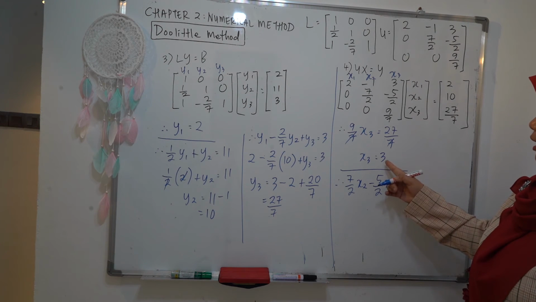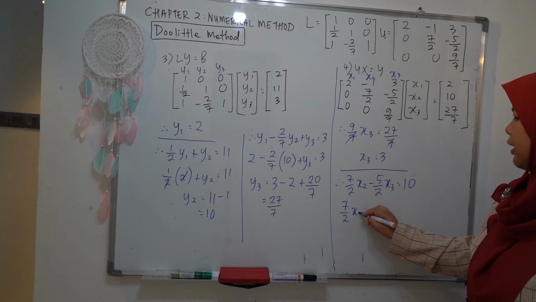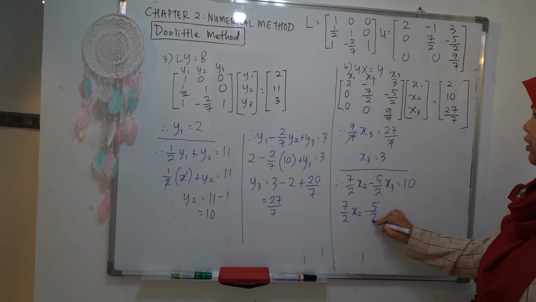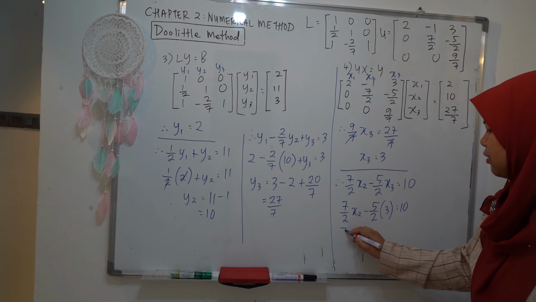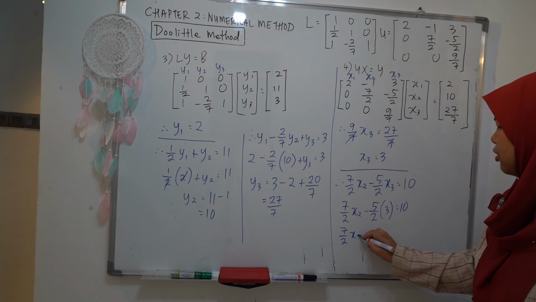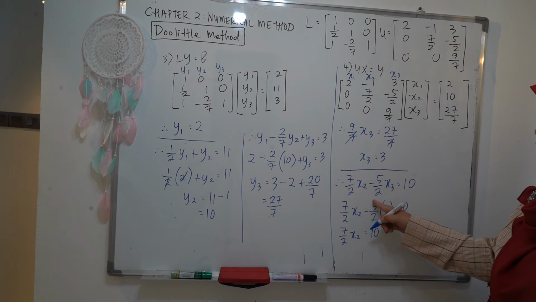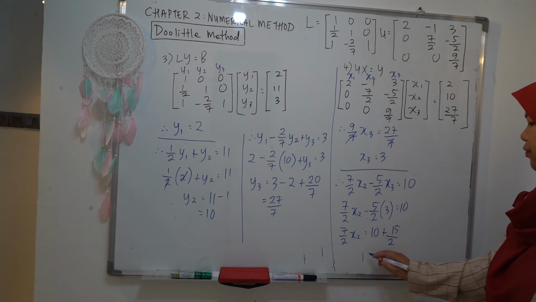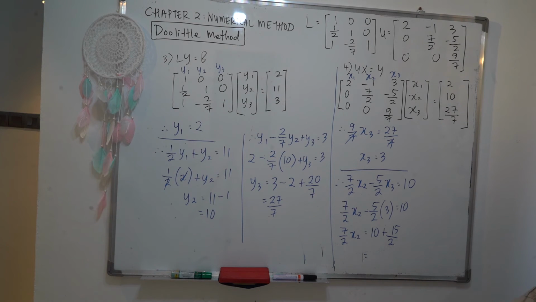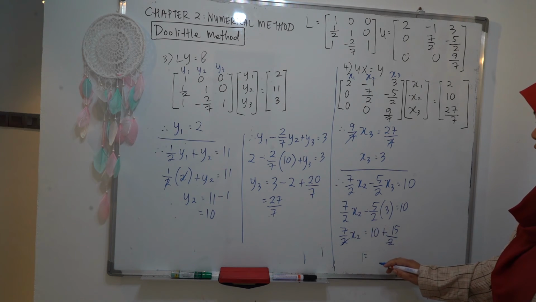Because I already have x3 here, 7 over 2 x2 minus 5 over 2 x3 is 3, so 7 over 2 x2 equals 10. Over here is minus, so I move it to the other side and it will be plus, so 15 over 2. So what I got here is 35 over 7, so I will get 5.